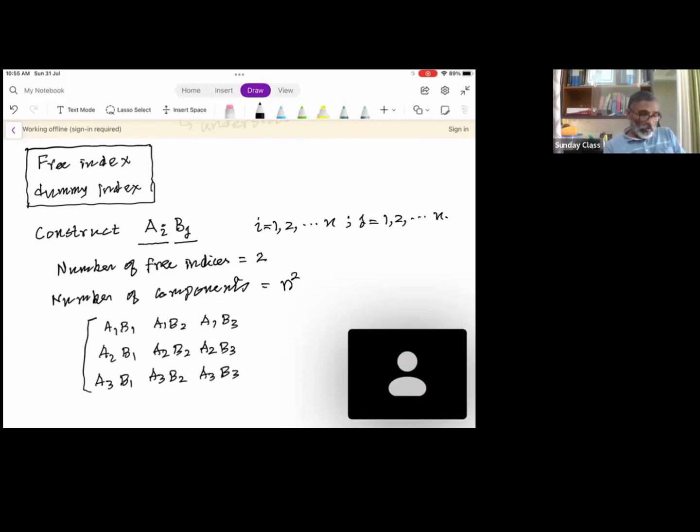Correct? So these are the 9 elements of this.